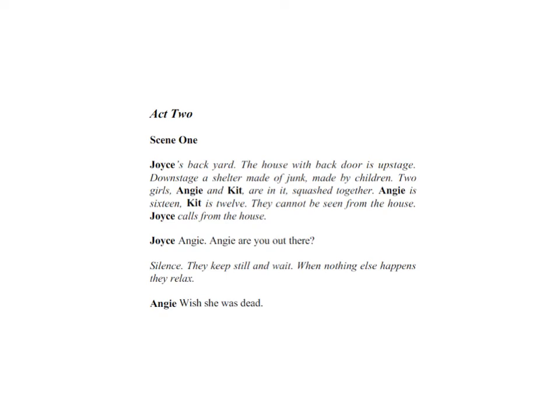And it is significant to note, and they draw attention to this, the age difference between Angie and Kit. It is pretty clear that Angie is a bit slow. And the question of why she's hanging out with Kit, who is much younger but also seems to be much smarter, you wonder what they're doing together.